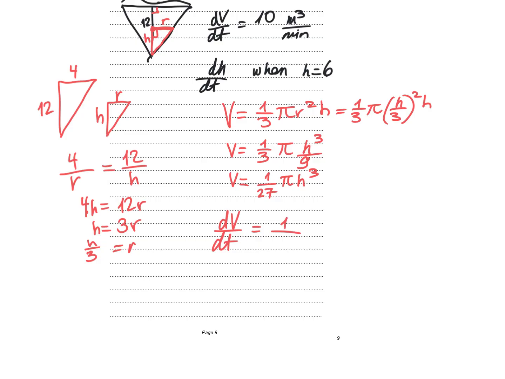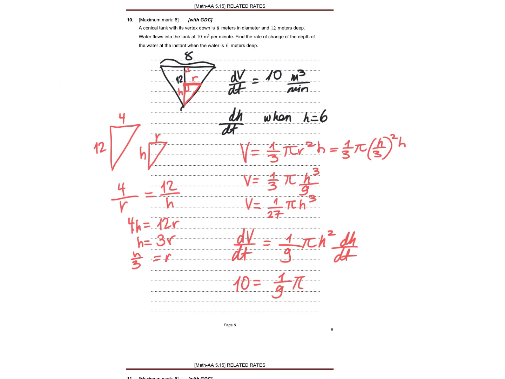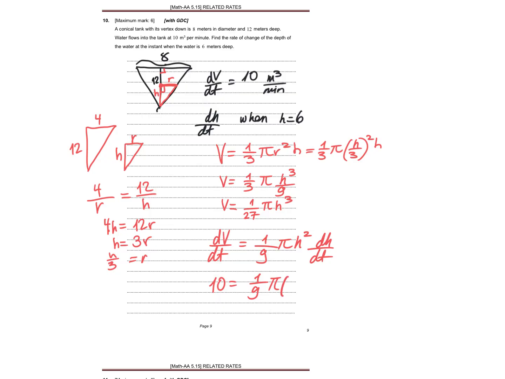Okay, so now we can do dV/dt is 3/27, which is 1/9 pi h squared dh/dt. So dV/dt is 10. h is 6. And we're solving for dh/dt.